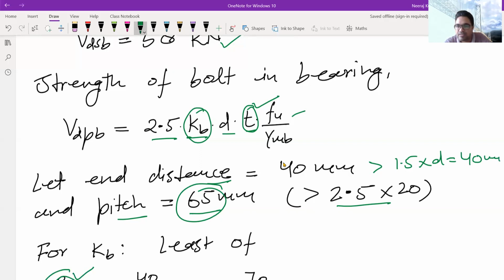This 40 is greater than or equal to 1.5 times d, where d is 16. So 1.5 times d is 24.